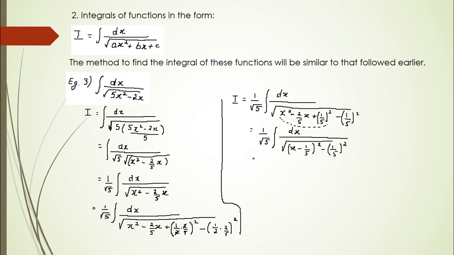Now we follow the same method. Let this portion be equal to t. So let x minus 1 by 5 is equal to t. Differentiating both sides, I get dx is equal to dt.